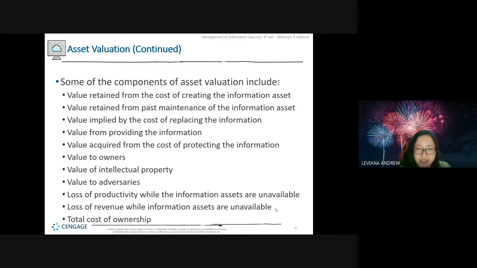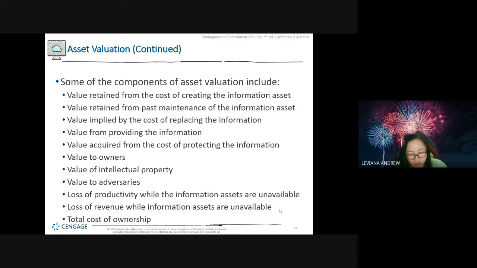Can you imagine how much the stock trading will incur in loss, or the banks are not able to operate, or the plants, the kilang-kilang, are not able to produce if there is no electricity, or if there is no internet.